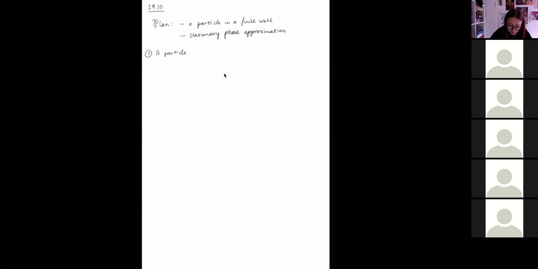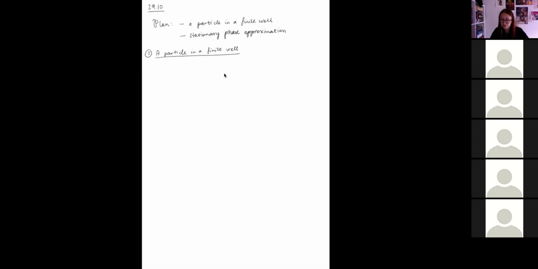So a particle in a finite well is one of these standard problems that you would have in the quantum mechanics course. Essentially, this problem is nothing special. It's just about a particular potential, which has a very simple form.